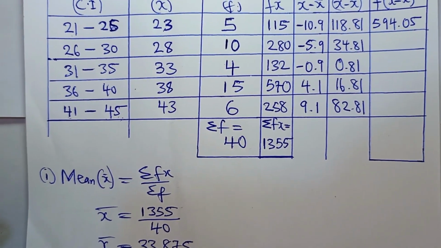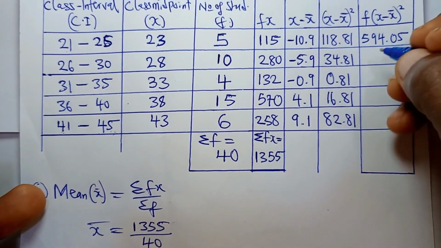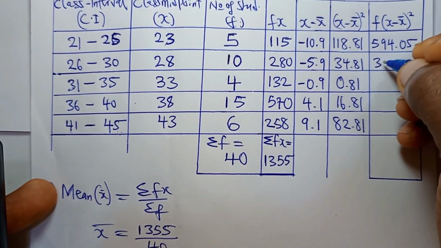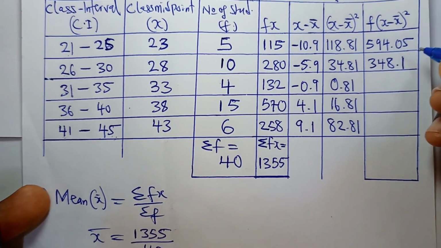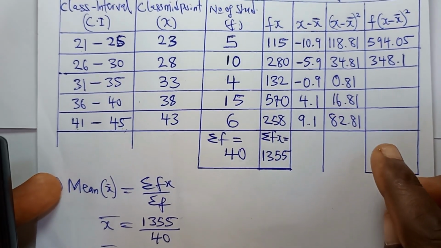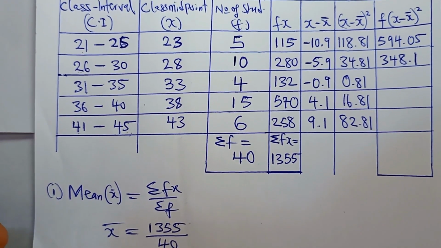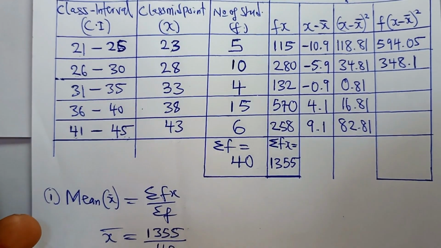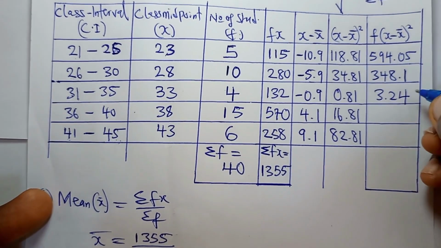Then the next one is 10 times 34.81. That will give me 348.1. Then 4 times 0.81 to give me 3.24.